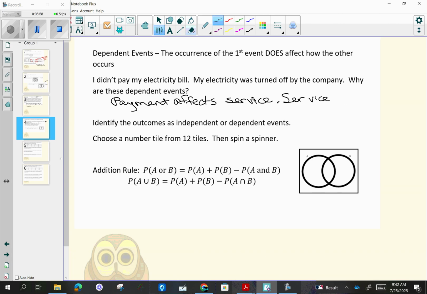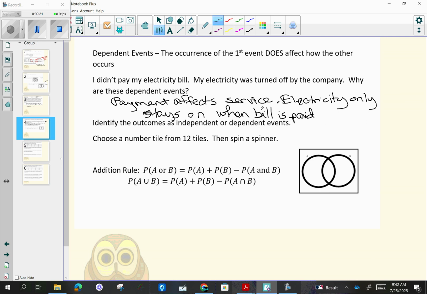Or electricity, if you want to say it that way, easier, because service wasn't really in the sentence, but it's electricity service. It only stays on when the bill is paid. So they are dependent events.